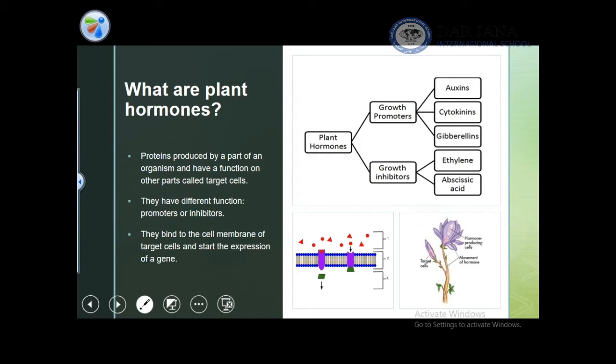But there is another condition for hormones to function, which is the availability of the receptors on the cell membrane. If we look at this image, we can identify the cell membrane. This is the cell membrane of a plant cell. It may be a parenchyma cell, for example.